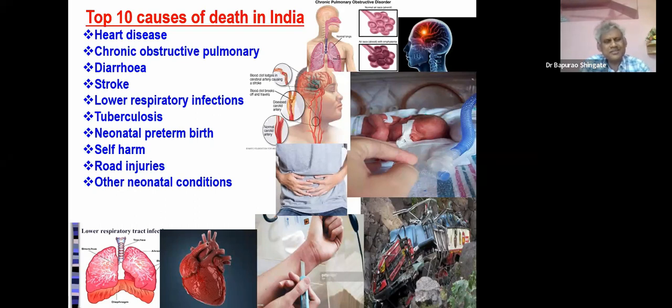As we know, the different causes of death in India, we have all witnessed patients related to heart disease, chronic pulmonary disease, diarrhea, stroke, lower respiratory infections, as we have witnessed from 2019 till today regarding this COVID-19 pandemic coronavirus, tuberculosis, neonatal preterm birth, self-harm, as well as a lot of road injuries and other different causes of death in India.